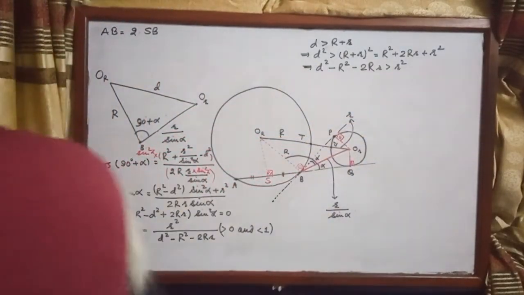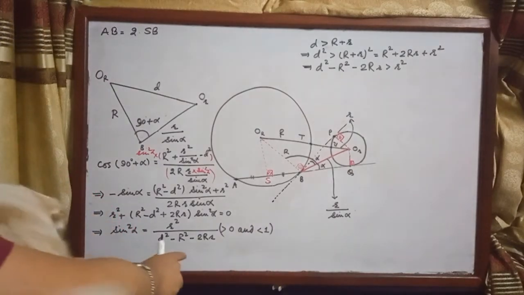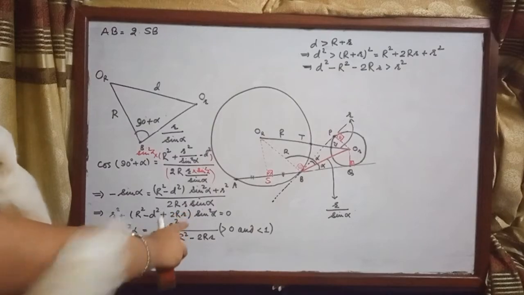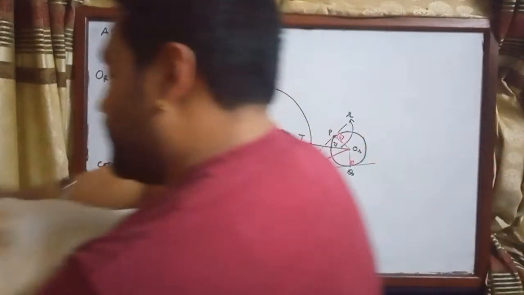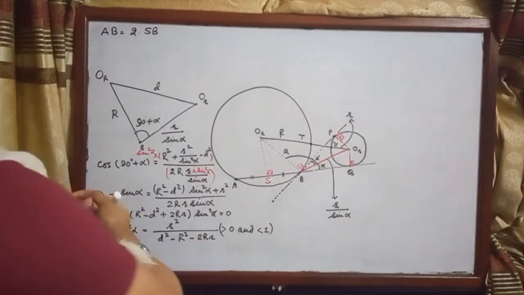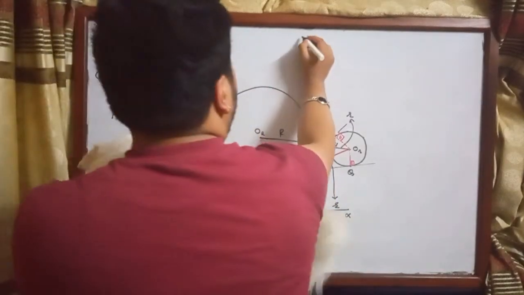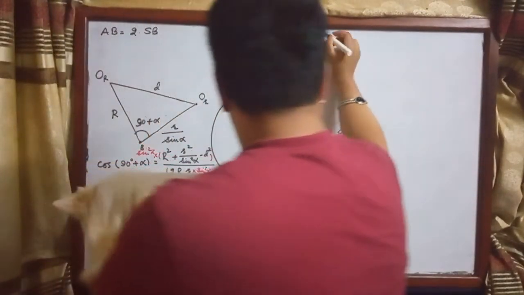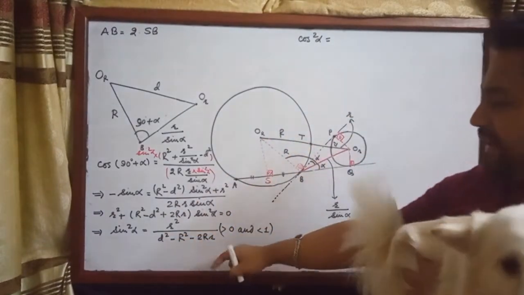R squared, and okay, we need cos squared alpha. The cos squared alpha is equal to 1 minus sine squared alpha.